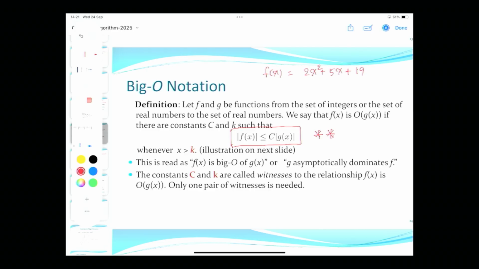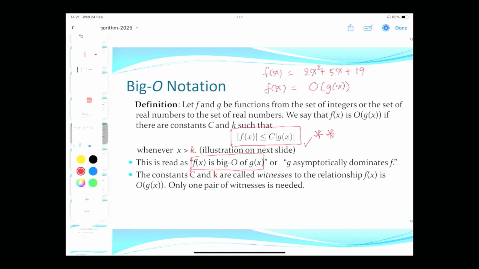We want to simplify or approximate the value of this function using g(x). It means f(x) is O of g(x), big O notation. We want to find out the g(x). What can g(x) be? Any function that meets this requirement here.